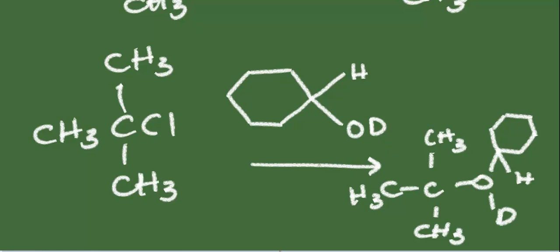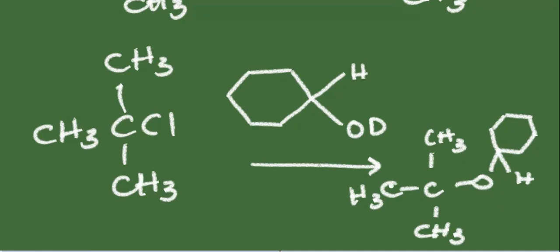I'm pretty sure we can get rid of that D right there, just because it's an isotope. Okay, it's a hydrogen. It's just an isotope of hydrogen, so you can deprotonate. So we are going to get rid of this D right here to get rid of that positive formal charge, and we'll end up with this product.